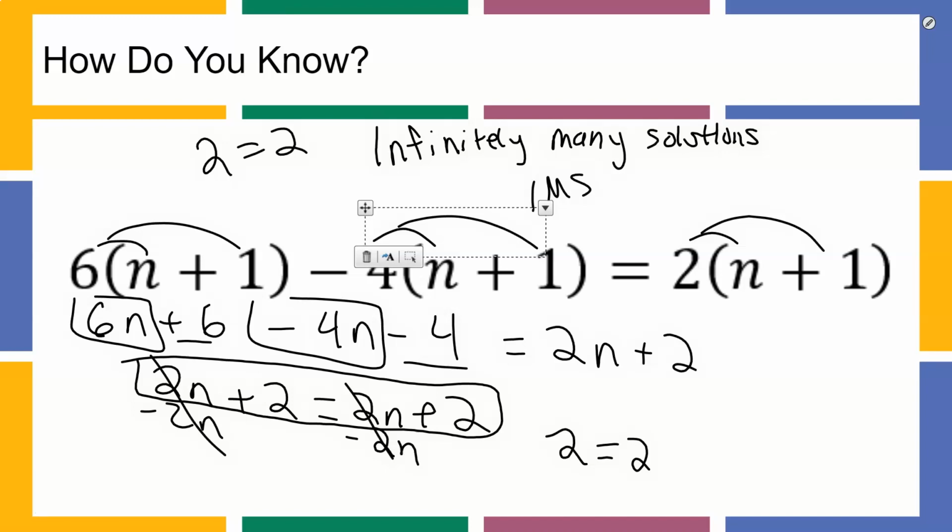They both have this +1 inside parentheses. So if we were thinking about that, that's our variable, that's our x. And I'm just looking at these numbers. 6 minus 4 is 2, and then this would be like the variable that gets brought over. So that is another reason why we know that works.